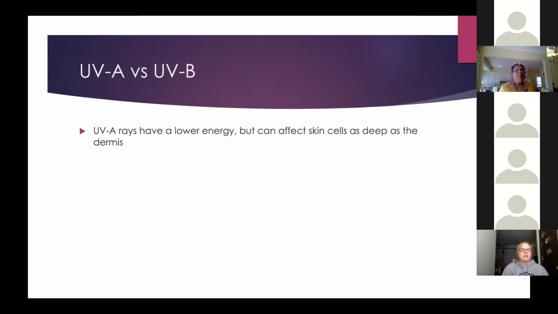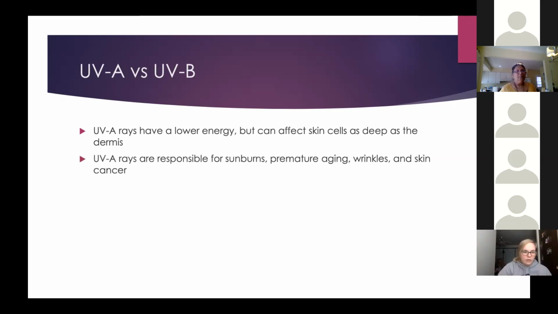Okay, so UVA versus UVB. So UVA rays have a lower energy, but they affect skin cells deeper because of their wavelength. So they affect the dermis, which is the layer underneath the top layer of your skin. And then UVA rays are responsible for sunburns, premature aging, wrinkles, and skin cancer. These rays out of the UV, there's UVA, UVB, and UVC, which we'll talk about in a second.